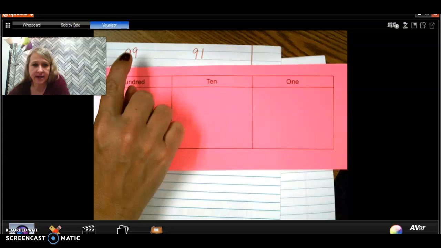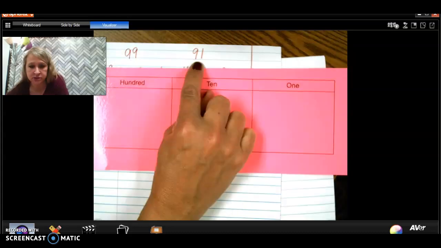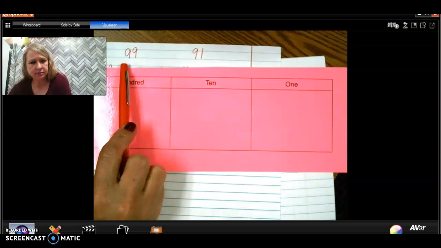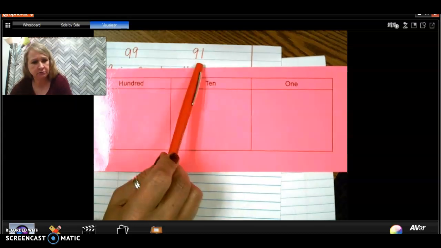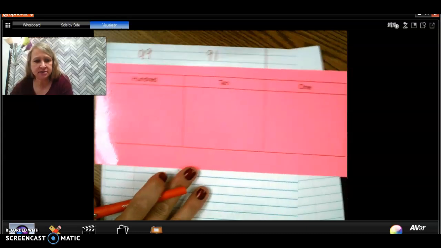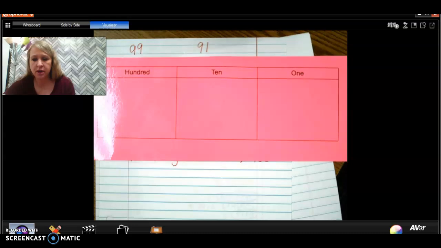Angie has 99 marbles and Shannon has 91 marbles. Who has more marbles? Angie or Shannon? I don't know. I see 2 9s and I see a 1, but I don't know which one is greater.